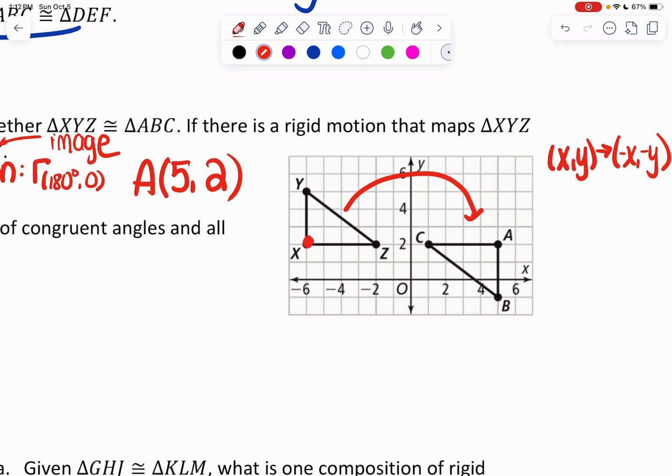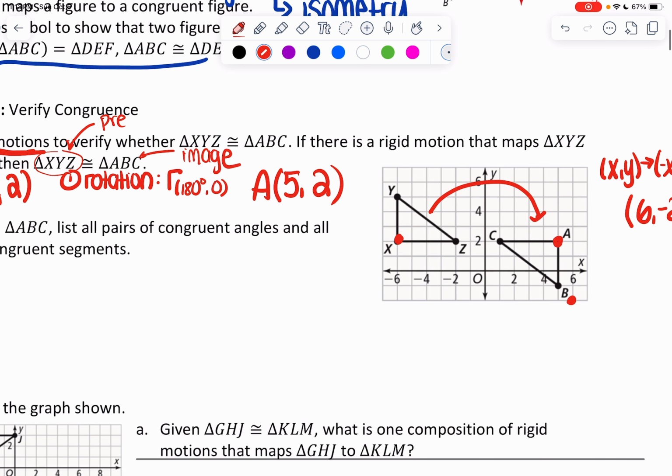So if I flip, instead of (-6, 2) it would become (6, -2), and so my point would be right down here. But then I need to get to point A, so I can translate. I can move this here, and then move it up 1, 2, 3, 4. So my next step would be translate.